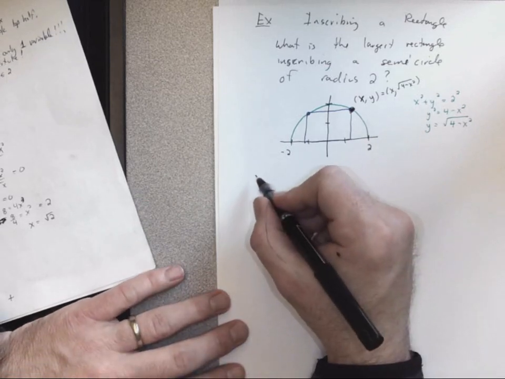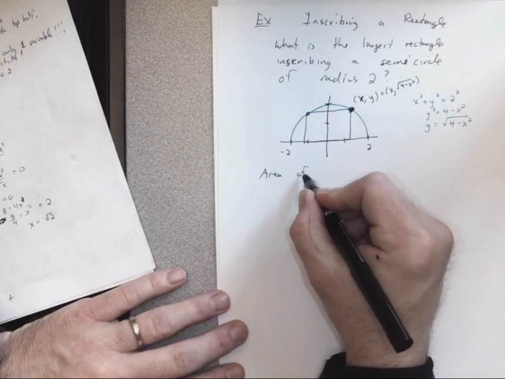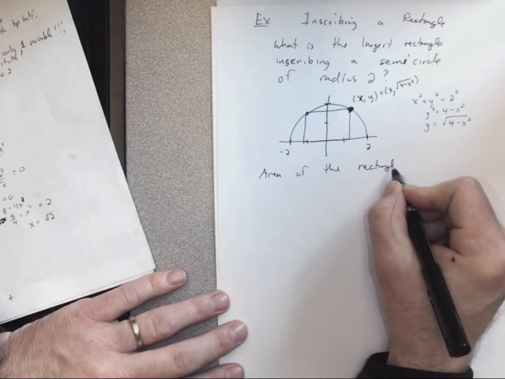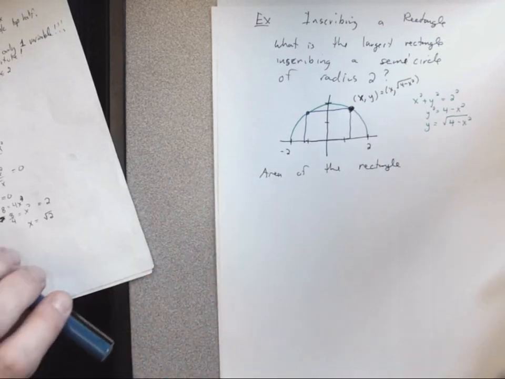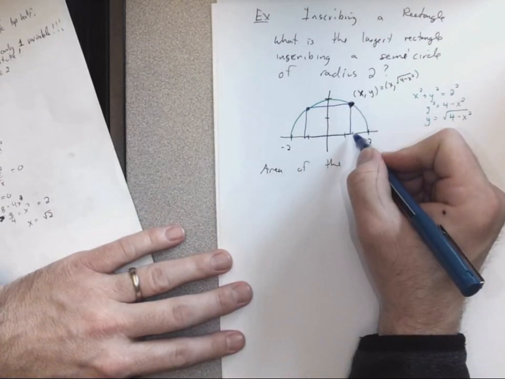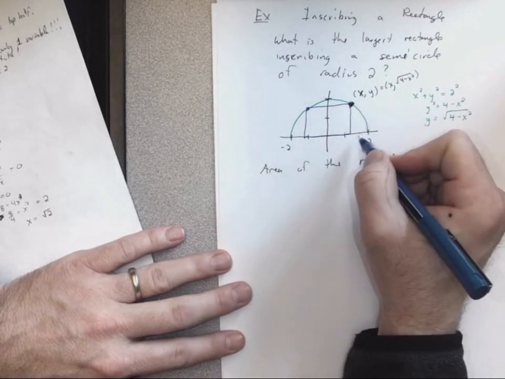All right. How do you find the area of the rectangle? Well, the area of this rectangle is base times height. What's the base?